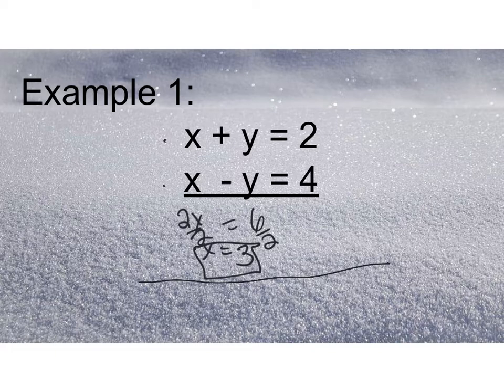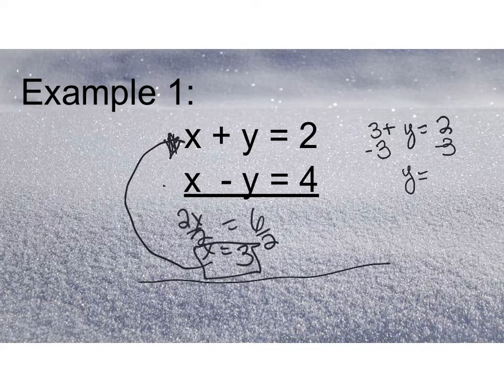So now, since I know x is 3, I'm just going to plug my 3 into my first equation right here. So I'm going to have 3 plus y equals 2. And then I'm going to solve it. Subtract 3 from each side, and I'm going to get y equals -1.